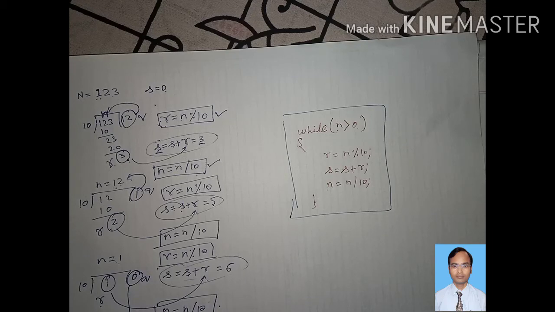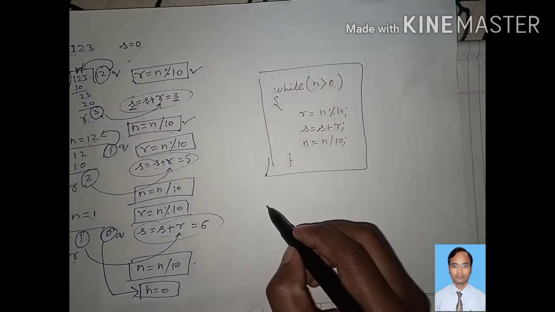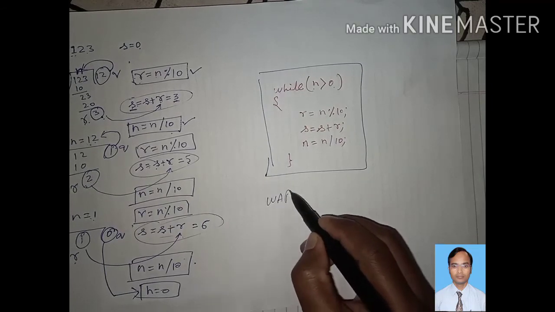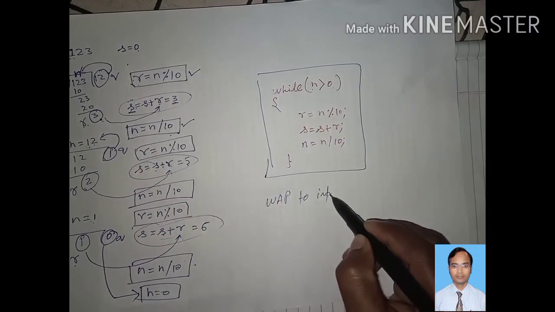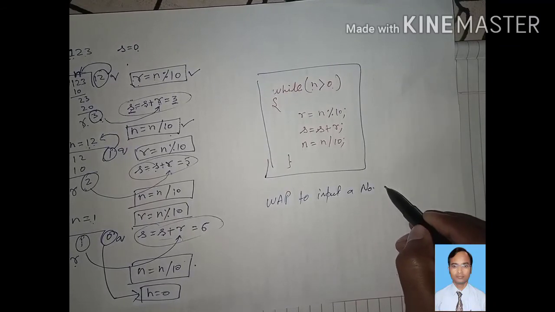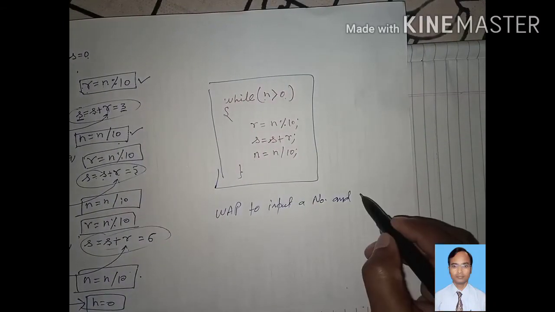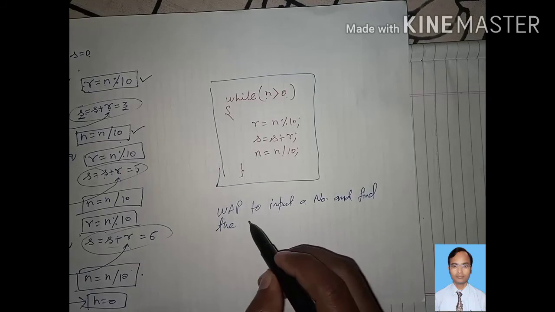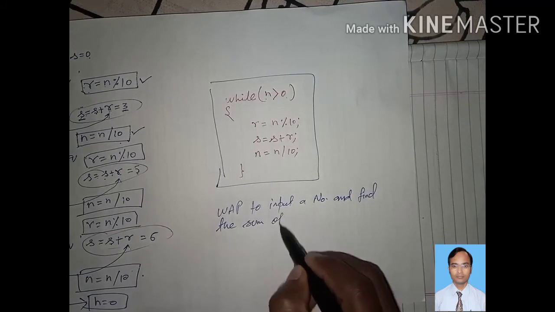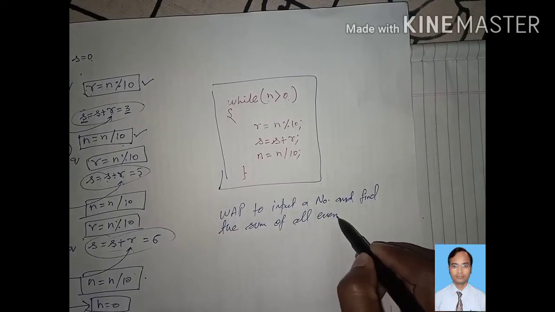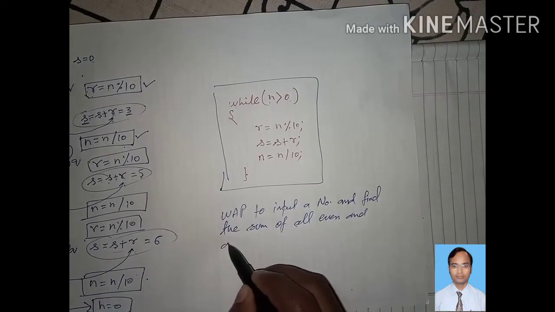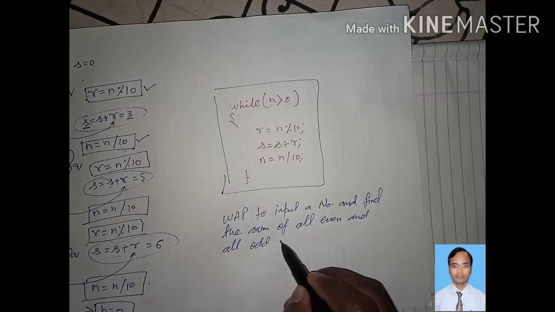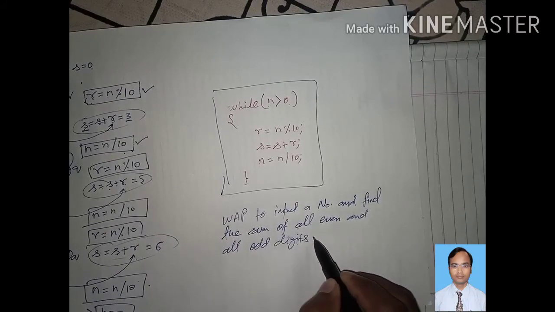So just use this logic and write a program to input a number and find the sum of all even and all odd digits.